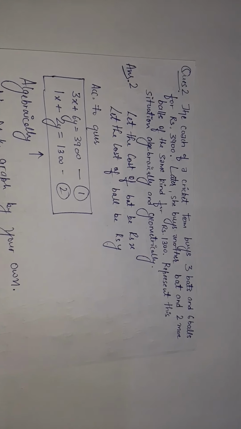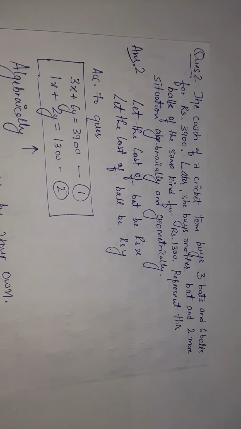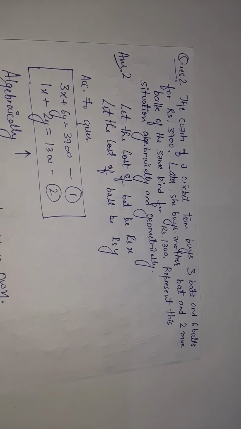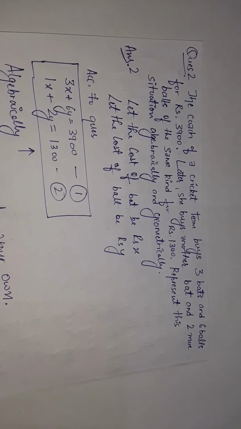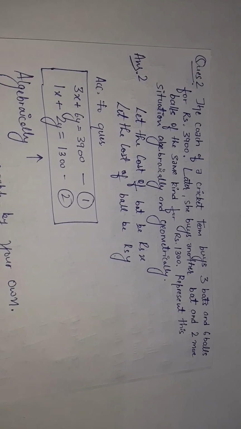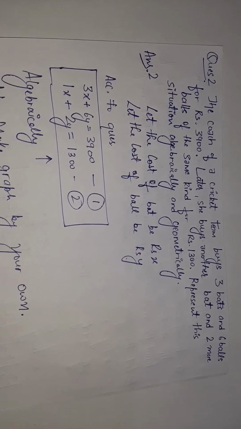Now see question number 2. The coach of a cricket team buys 3 bats and 6 balls, bat x, ball y, for rupees 3900. Later she buys another bat and 2 more balls of the same kind for rupees 1300. Represent this situation algebraically and geometrically.